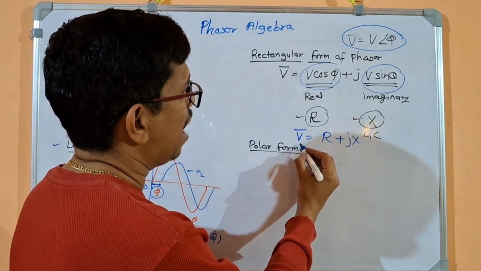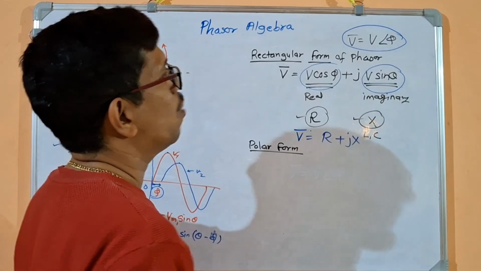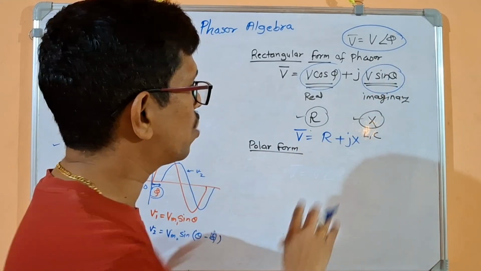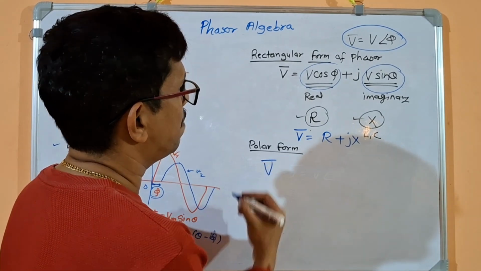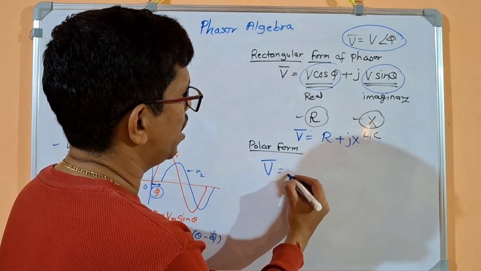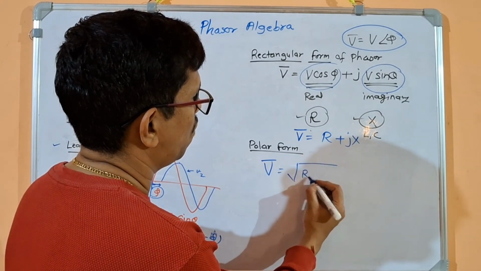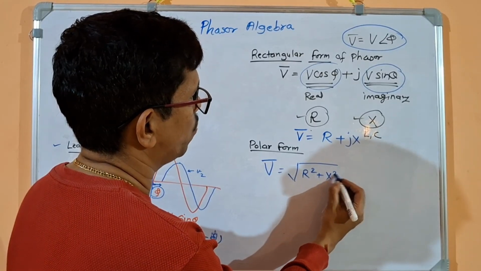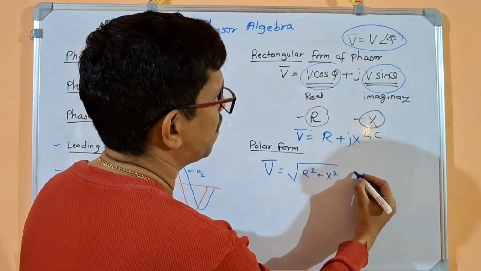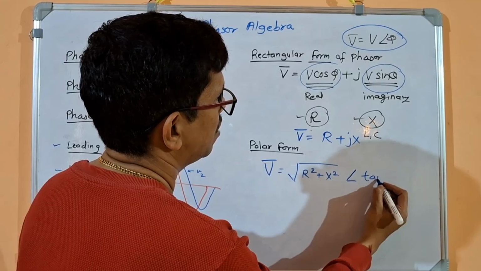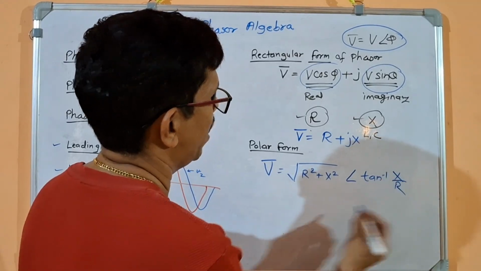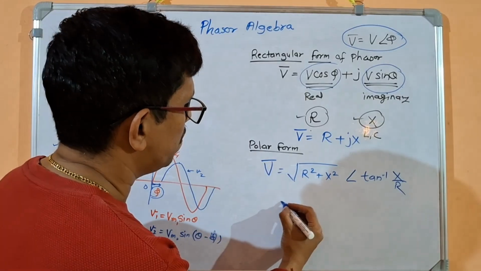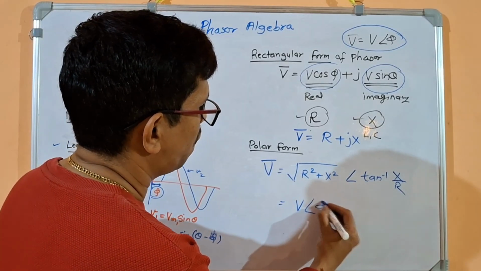Now suppose you are having rectangular form, then how to convert this into polar form? Simple logic. If you want to find magnitude of V bar, we have to take under root of R square plus X square, and this angle can be found as tan inverse of X by R. Okay, tan inverse of X by R. So this will give me V angle phi.